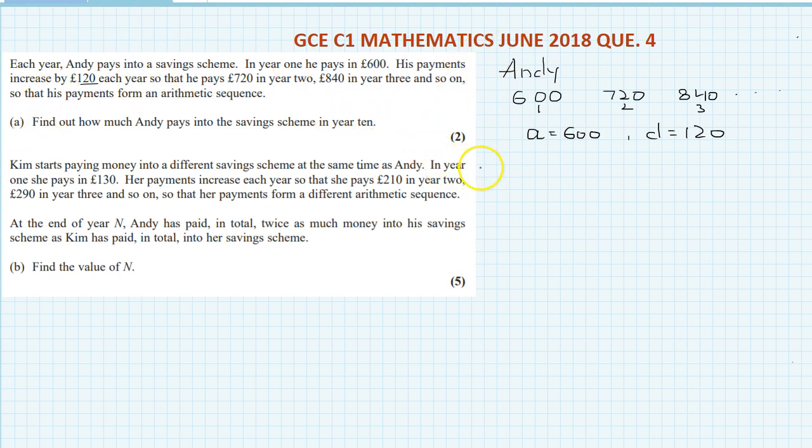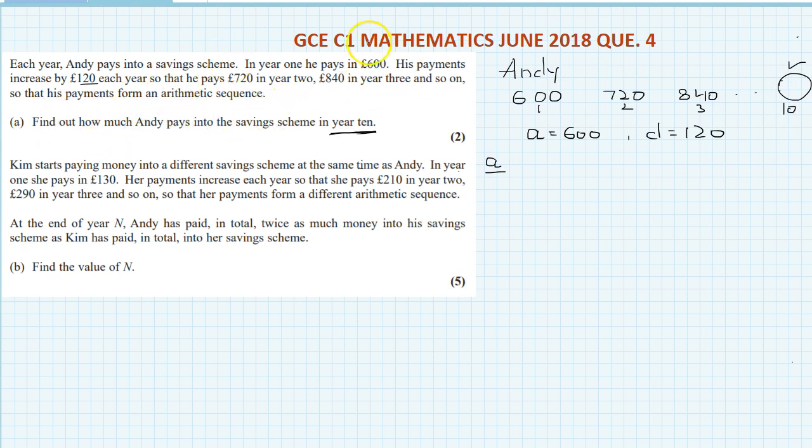Now the question says, find out how much Andy pays into the saving scheme in year 10. So this is the first year, second year, third year. When it comes to year 10, what will be the saving here? That is what they are asking.